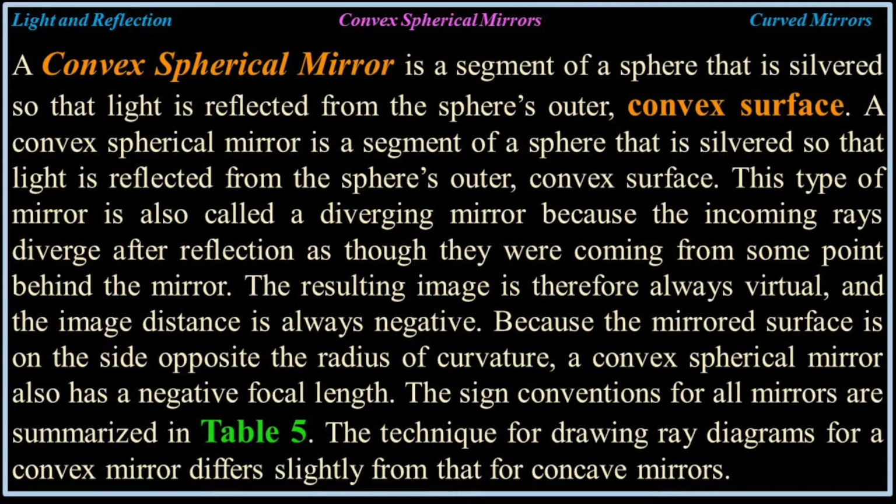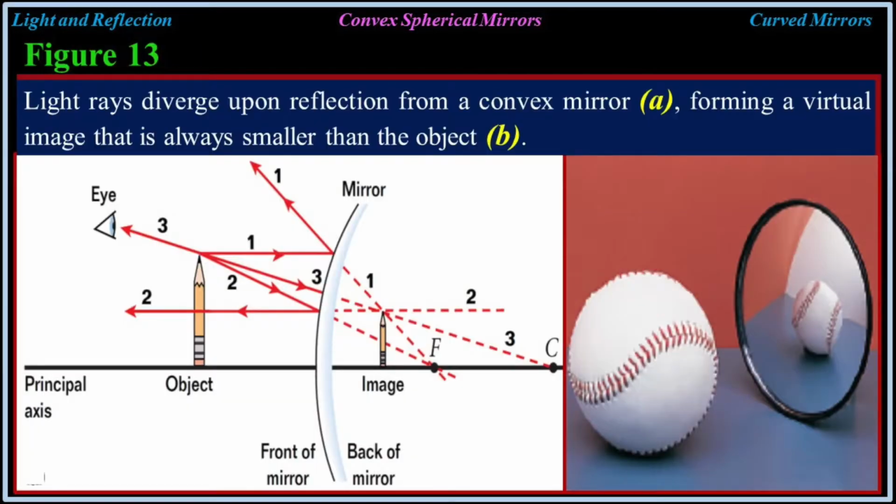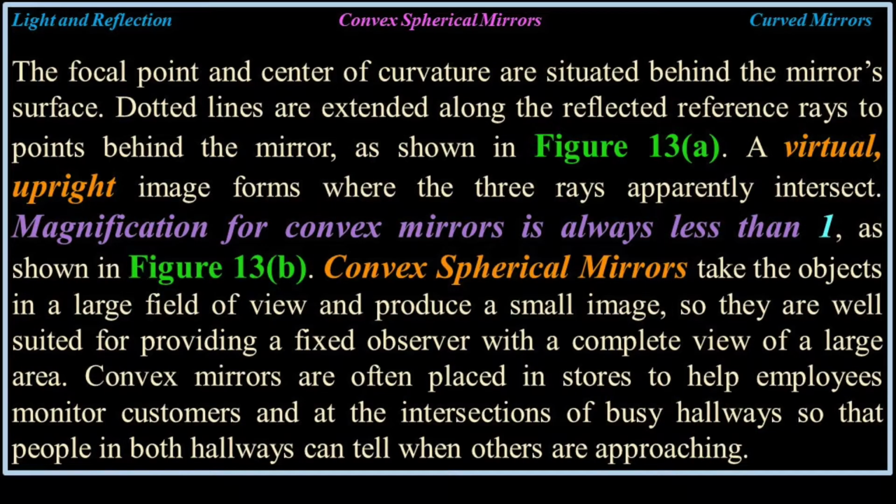The technique for drawing ray diagrams for a convex mirror differs slightly from those of a concave mirror. Light rays diverge upon reflection from a convex mirror, A, forming a virtual image that is always smaller than the object, B. Study the diagram carefully. All of the answers really are approximately the same for convex mirrors.